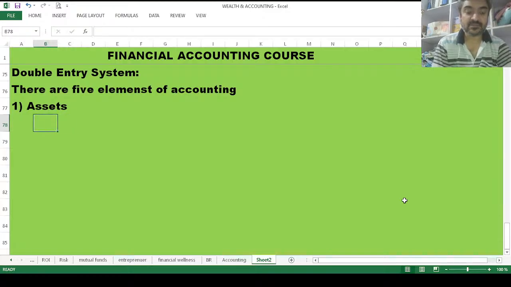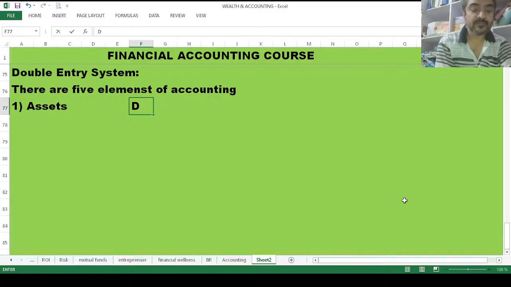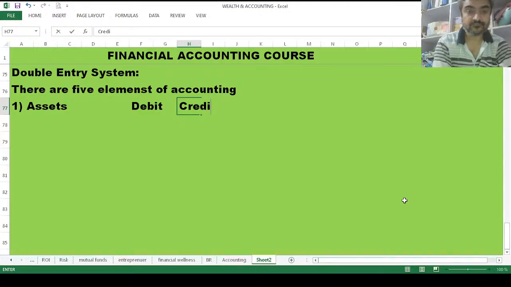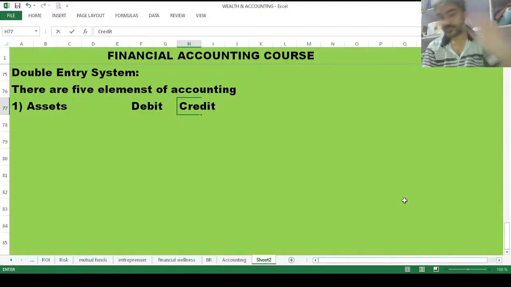One is called the debit side, and the second is called the credit side.